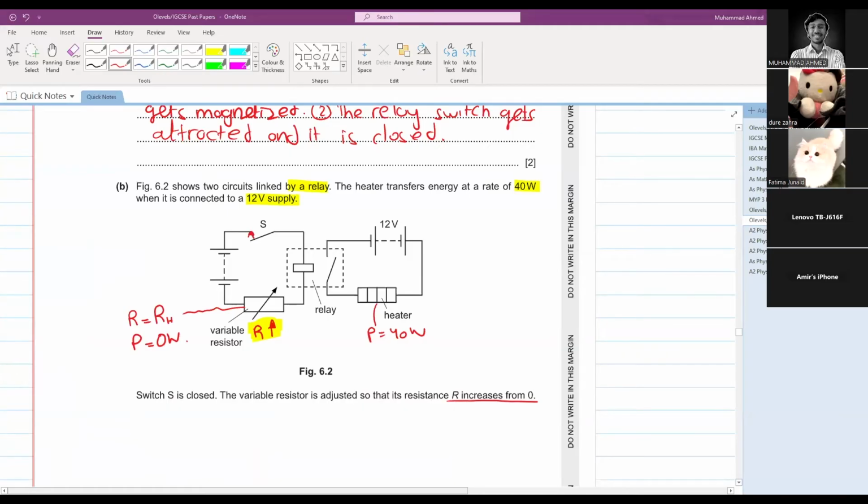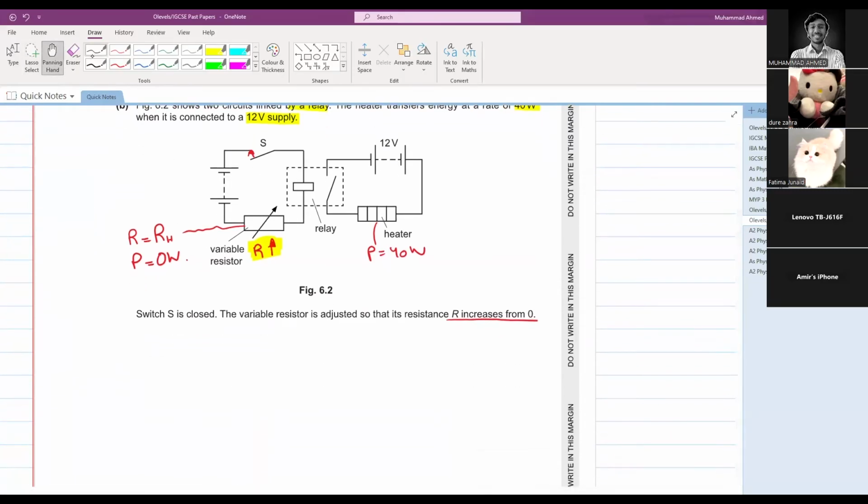Okay, let me answer it. Look, initially the resistance of the variable resistor was 0. There was a large amount of current flowing in this circuit.